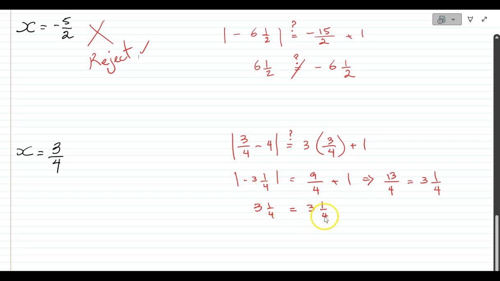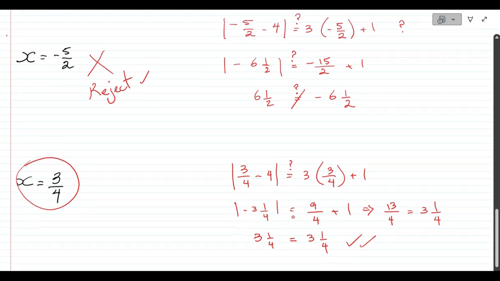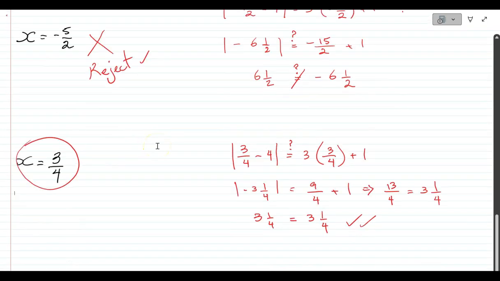The right-hand side is positive 3 1/4, and the absolute value of negative 3 1/4, or 3.25, is positive. So both of these values are equal to each other, and therefore the only solution for this equation is x equal to 3/4.